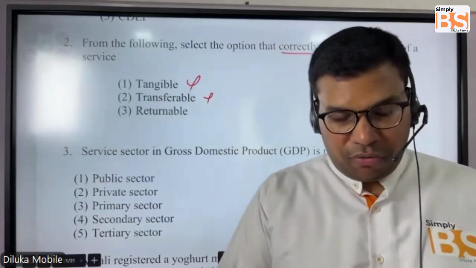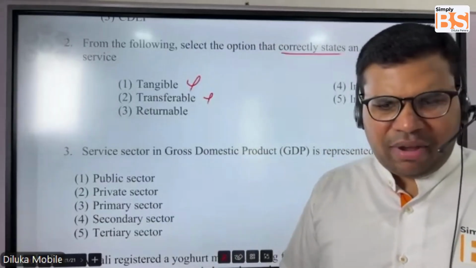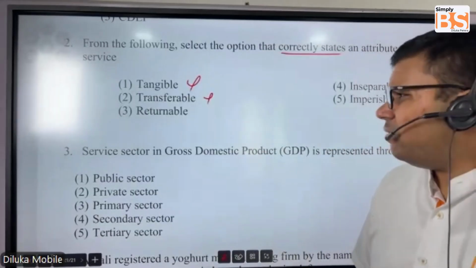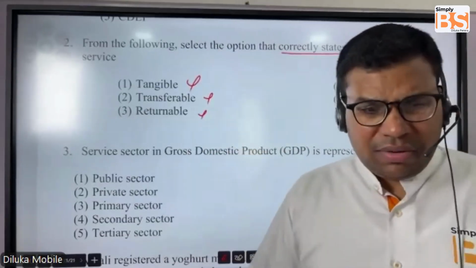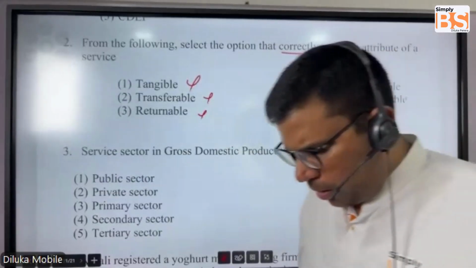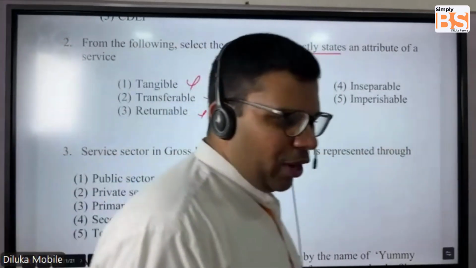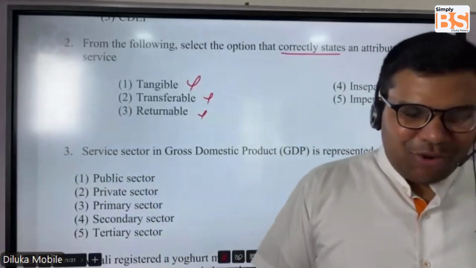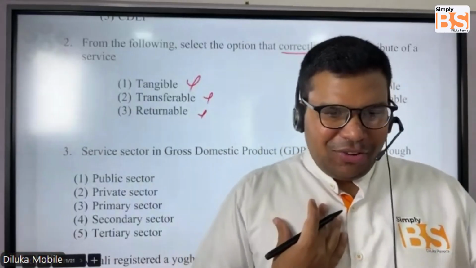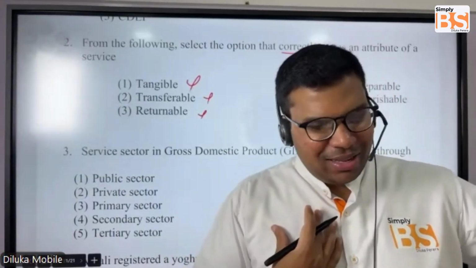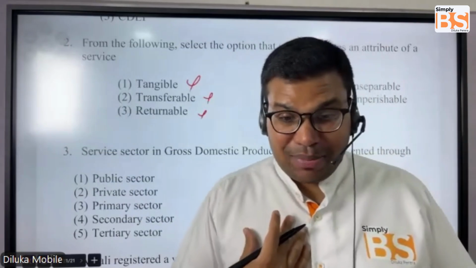Goods, of course, you can: you give a book to someone, you give your mobile phone to someone. Returnable, no, services cannot be returnable. Like goods, of course, we do that. If you have a pair of shoes, you give your friend to use for a party, and the friend will return it. Those are goods.